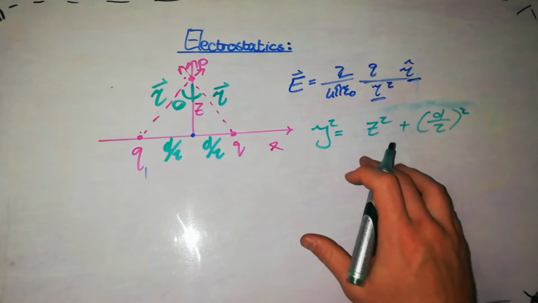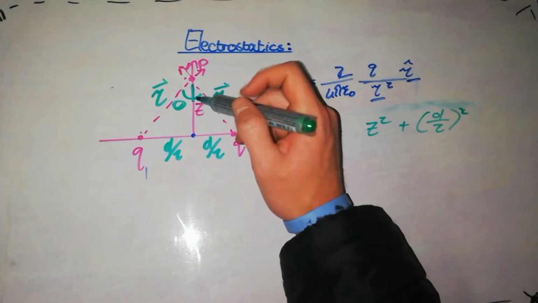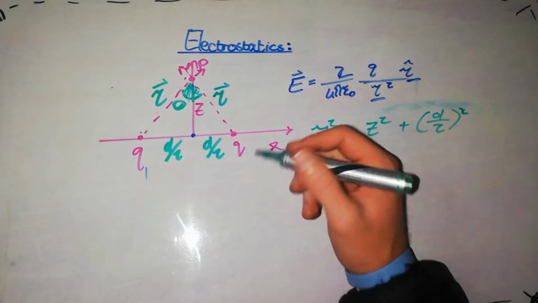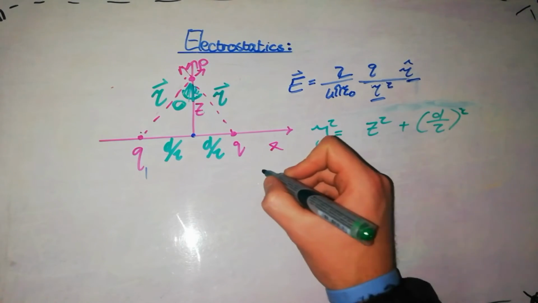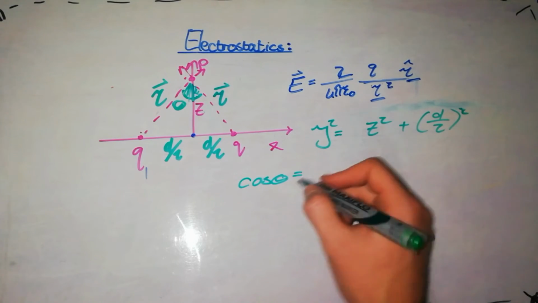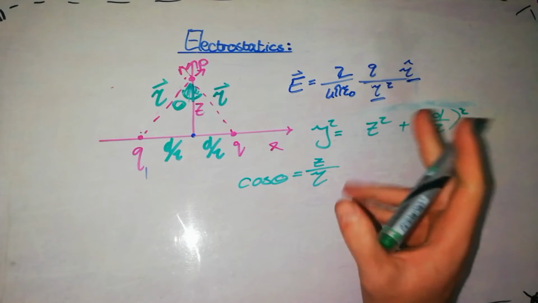But I'm cautiously keeping this and not putting it in the equation so far, because I still have something I need to figure out. So now, going back to what we know, we have the angles between these separation vectors and the distance is theta for both. So we can say that cos theta is equal to, well, z over fancy r. Okay, that's good news for us.